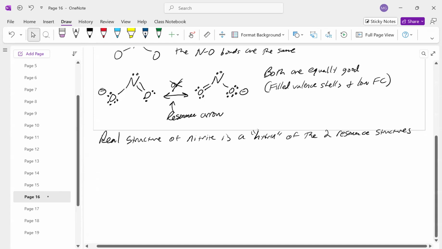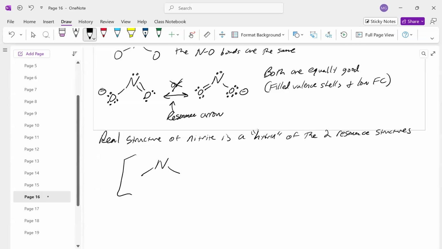So the way we would draw this hybrid looks something like this, where we have these dots here. That dot represents a not complete double bond, and we have the same thing there. And we use this notation. It's not very common. We won't probably use it very much in general chemistry at all. In fact, when I ask you to draw a Lewis structure, this is not what I want you to show.